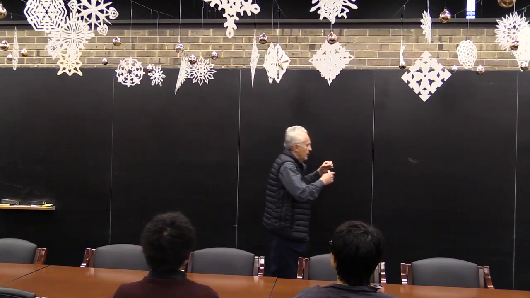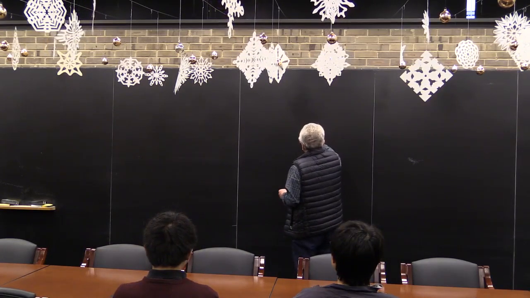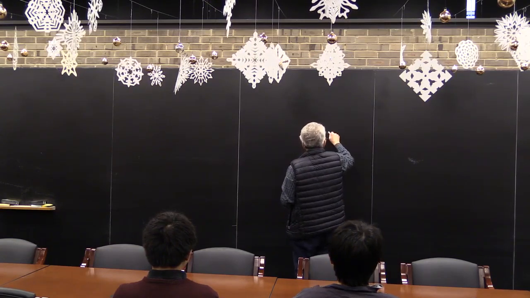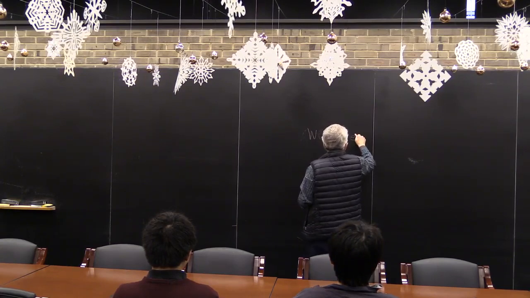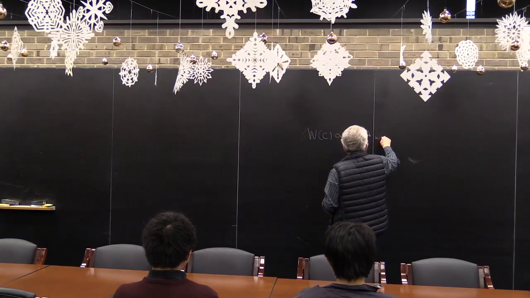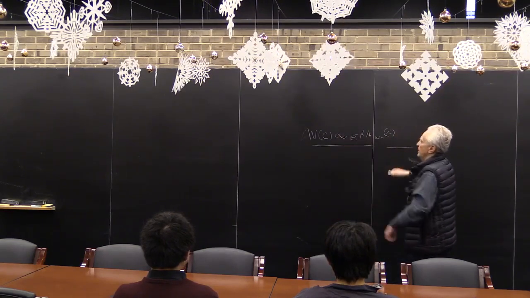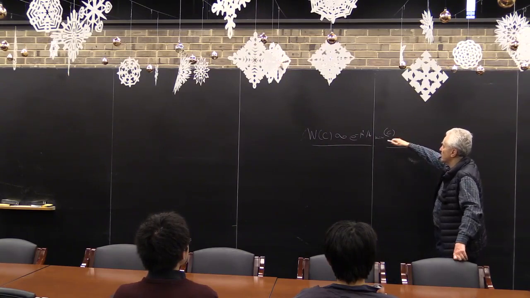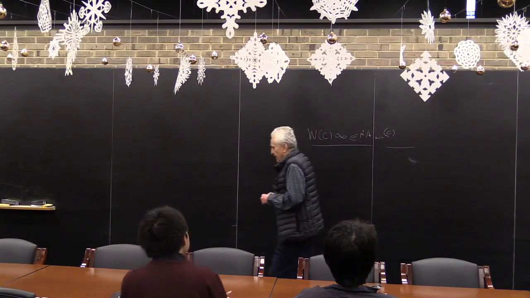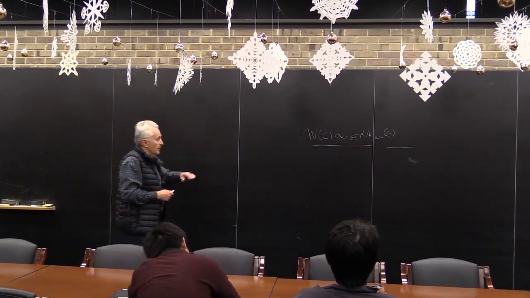Whether we have the behavior of the Wilson loop at very large distances, it's kind of an analog of the correlation function.